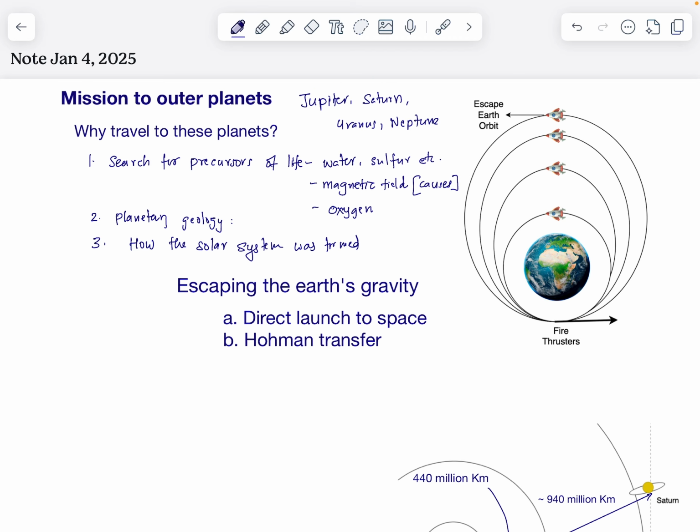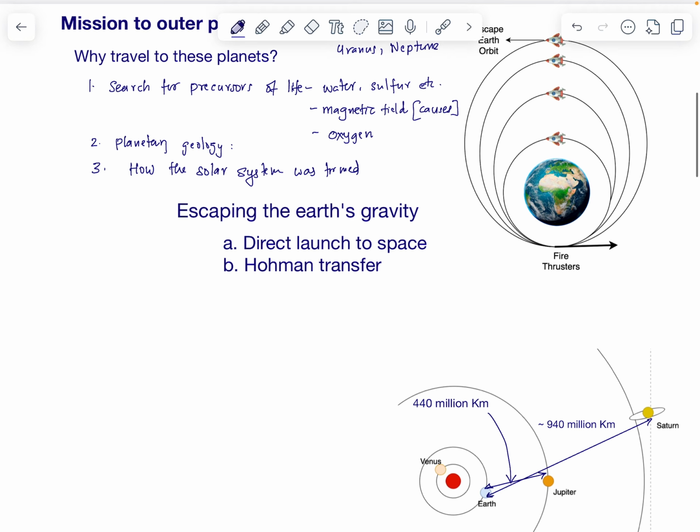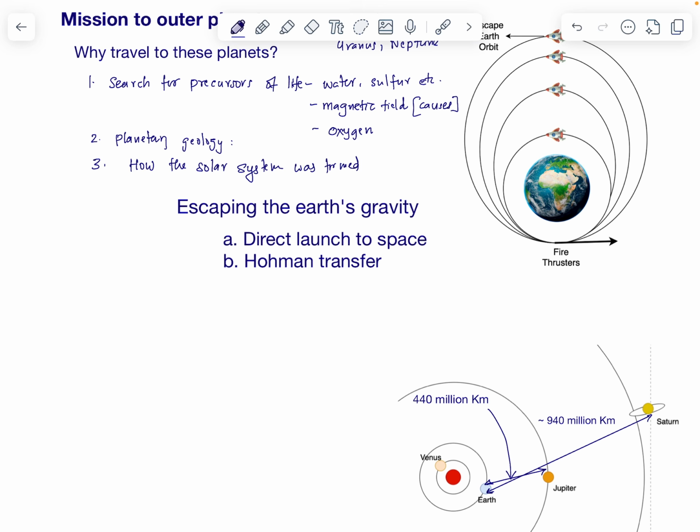So the problem here is one of escaping the Earth's gravity. Typically a big spacecraft like that has lots of instruments, and the mass of the spacecraft is typically about 6 to 8 tons.